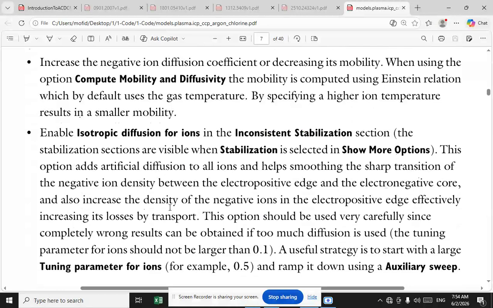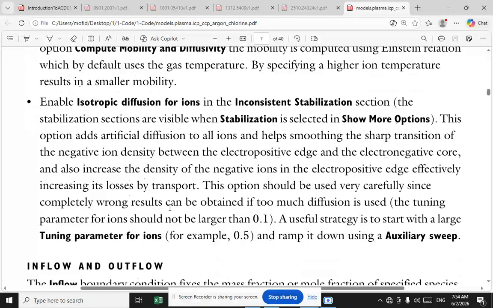The stabilization sections are visible when stabilization is selected in show more options. These options add artificial diffusion to all ions and help smooth the sharp transition of the negative ion density between the electropositive edge and the electronegative core, and so also increase the density of the negative ions in the electropositive edge, effectively increasing its losses by transport.